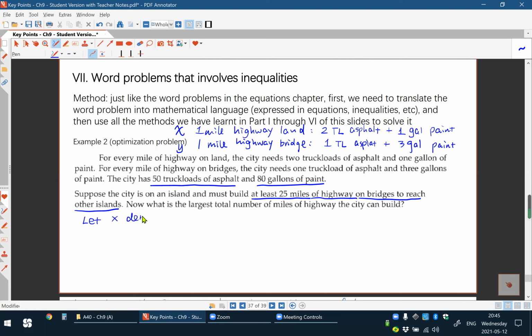Let x denote the number of miles of highway that is not on bridge the city can build.